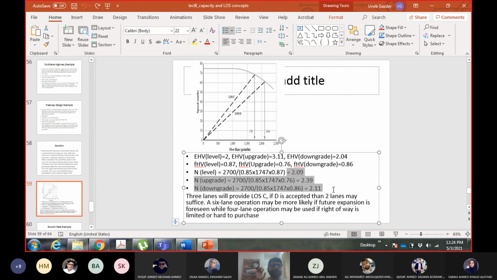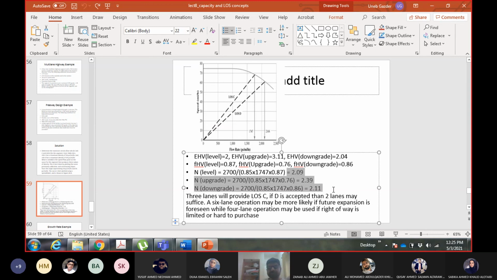So if you have future expansion in mind, go for a 6-lane freeway. If you want to maintain level of service C or better, go for a 6-lane freeway, 3 lanes in each direction.